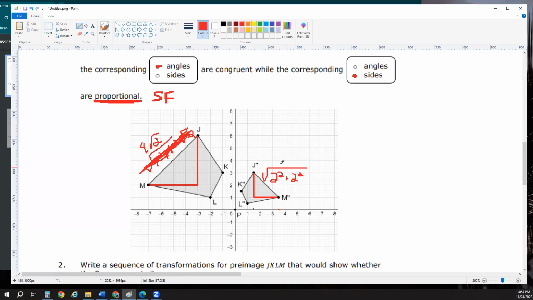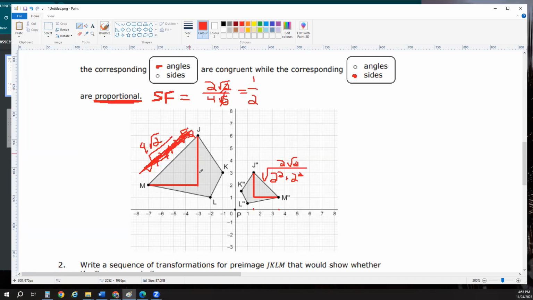That is square root of 8. That's 2 square root of 2. So my scale factor on this one is my after, 2 square root of 2, divided by my before, which is 4 square root of 2. The square roots of 2 go away, and this is 2 divided by 4. My scale factor is 1/2.